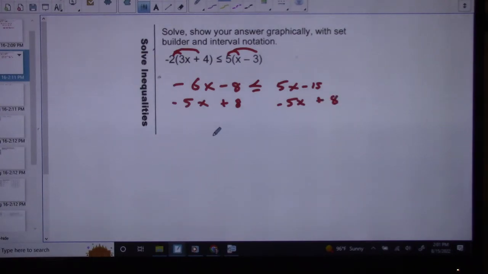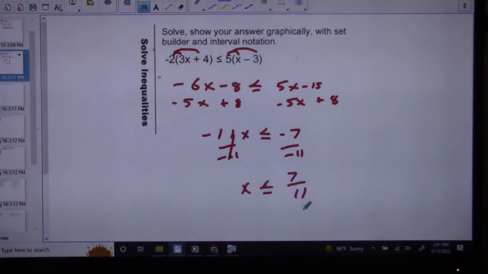We get negative 11x is less than or equal to negative 7. We divide by negative 11, and we get x is less than or equal to 7/11. Is that right?